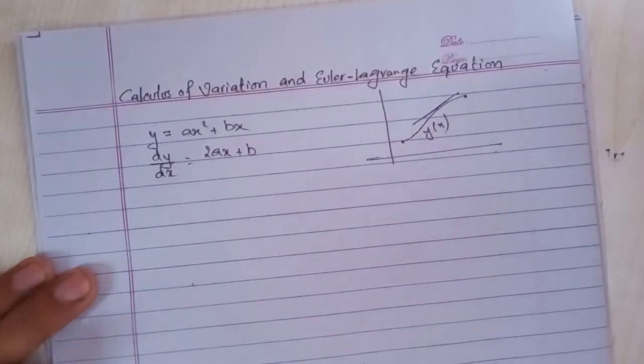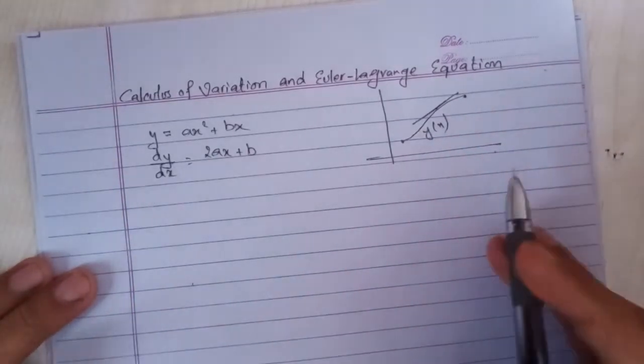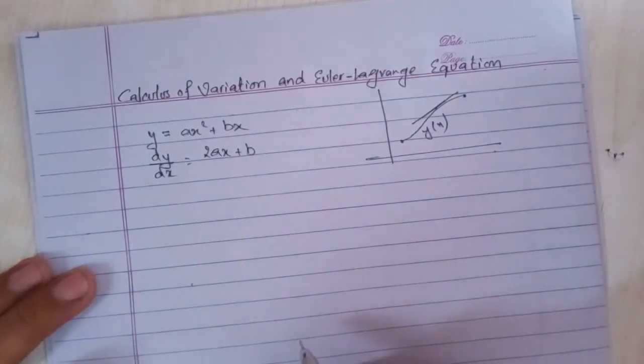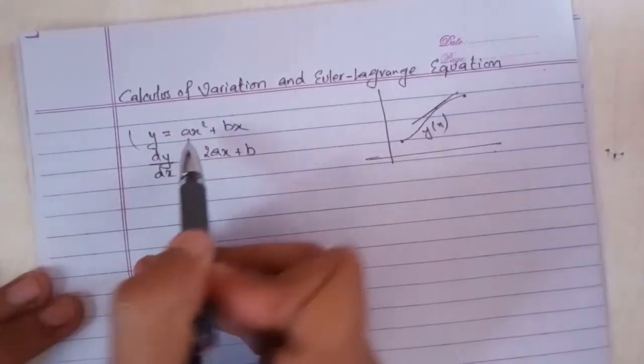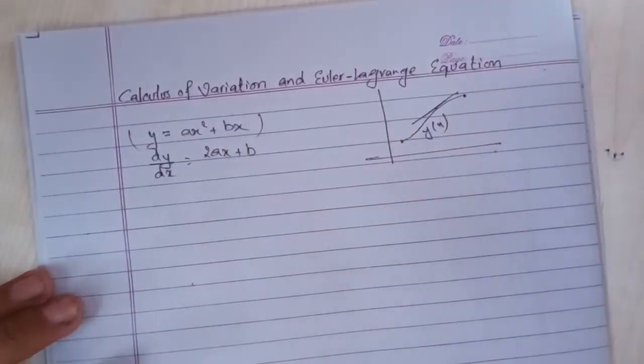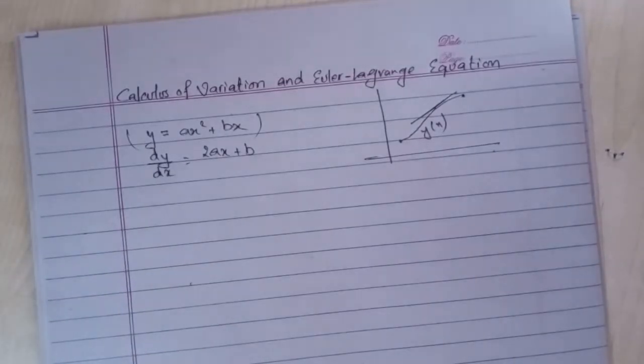But what we will do now is expand this concept to a functional, which is just the value of the function as a whole, which the value can be defined by the user or worker or just by the scholar.